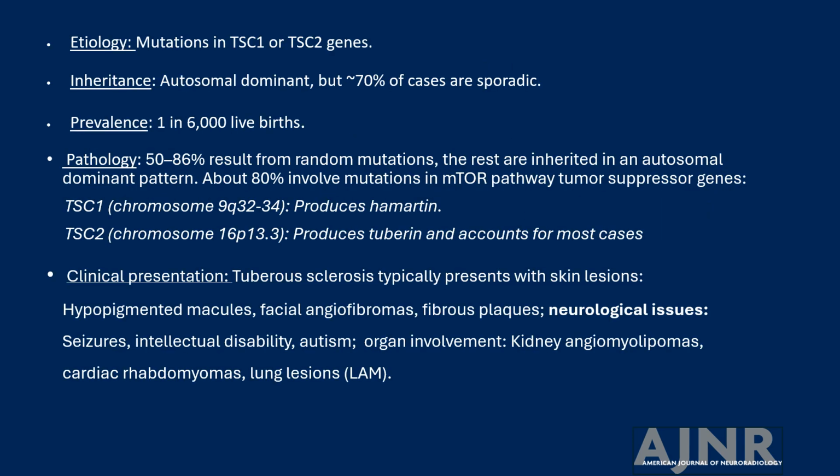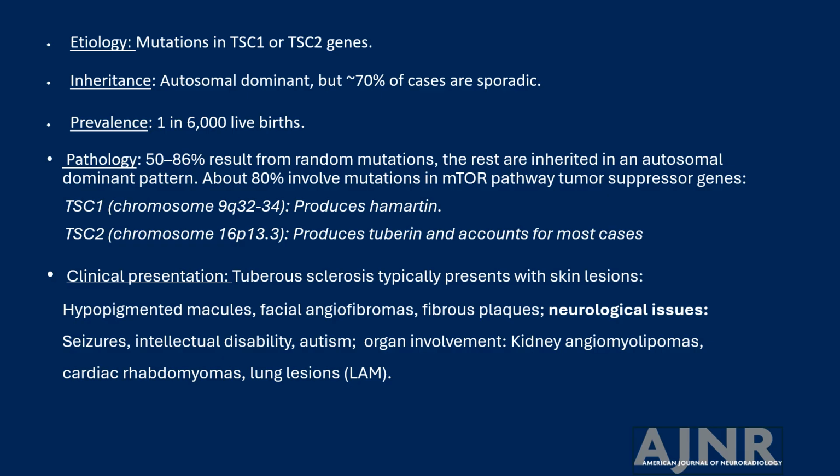Etiology: these are mutations in TSC1 or TSC2 genes. It is autosomal dominant, but 70% of cases are sporadic. 50 to 86% result from random mutations. The rest are inherited in an autosomal dominant pattern.